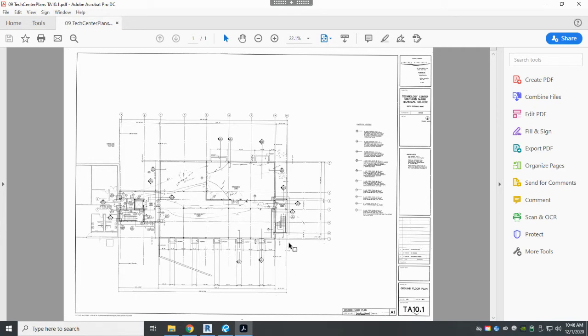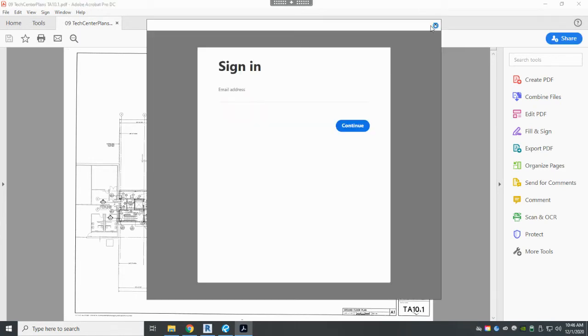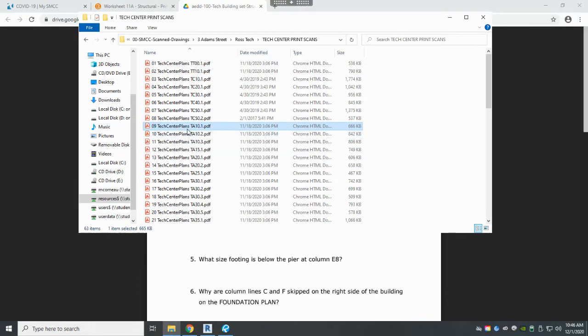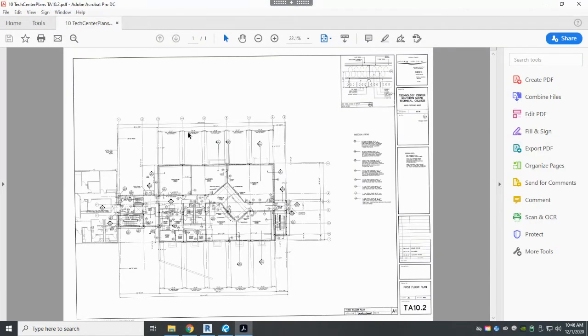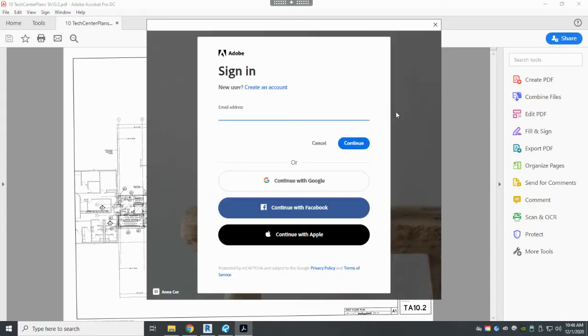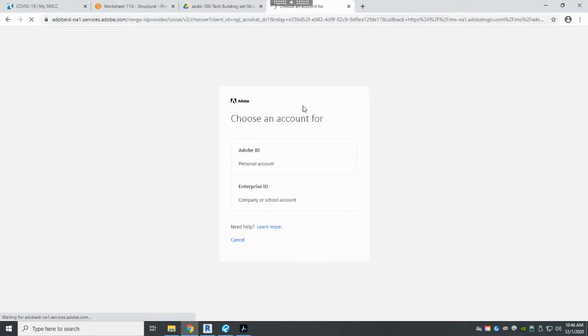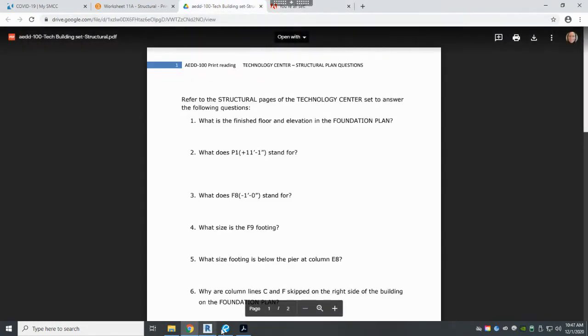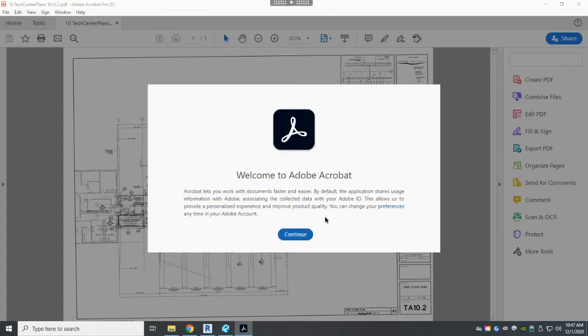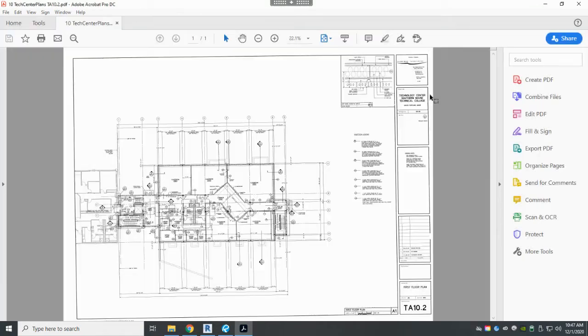All right, that still works, I think, because we might be able to see some information on bracing. Whoops. Let's try TA 10.2. Sorry about this. It's not going to show me the information until I sign in, apparently. All right. No, I don't want to start tour.